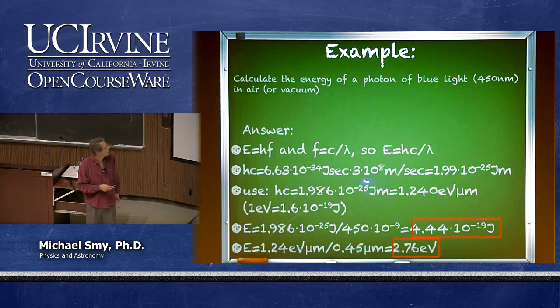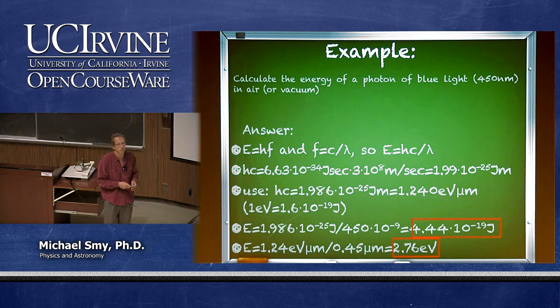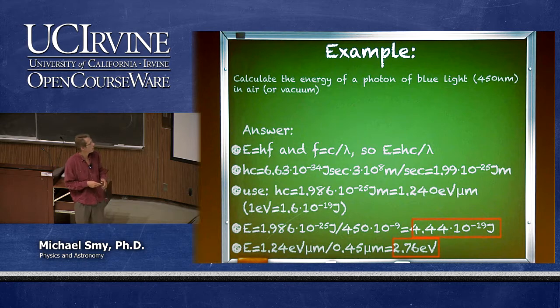So I am going to use as the product hc these numbers either in units of joule meter or in units of electron volts micrometer. And 1 electron volt is 1.6 times 10 to the minus 19 joule. It is the energy that an electron receives in a potential of 1 volt.